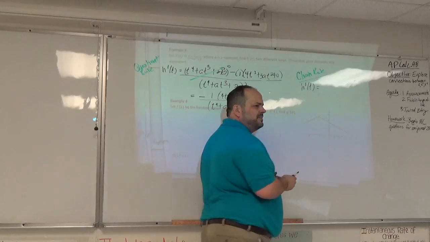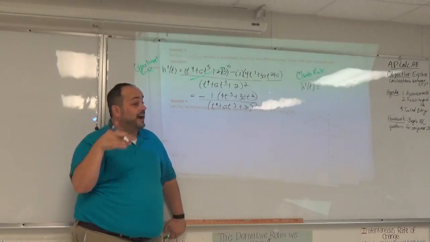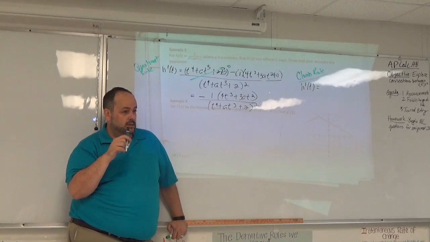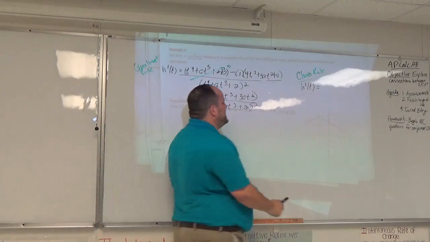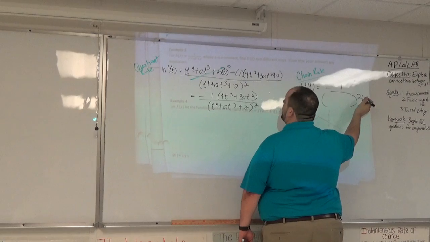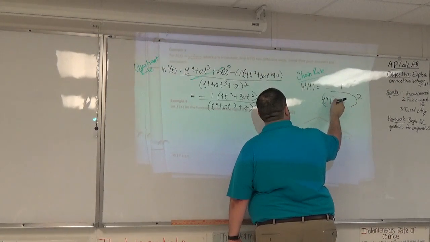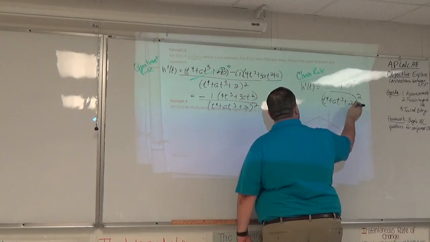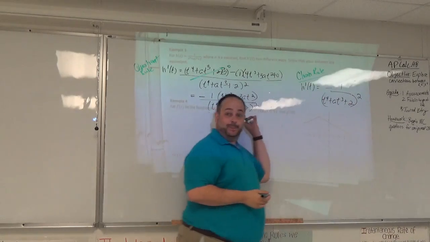The derivative of 1 over stuff, like the derivative of 1 over x, is negative 1 over stuff squared. So that's t to the fourth plus at cubed plus 2, the whole thing squared.